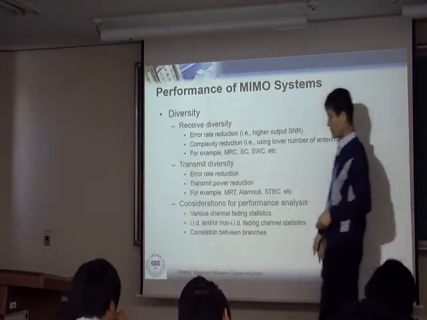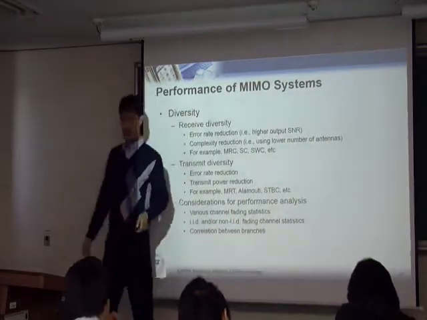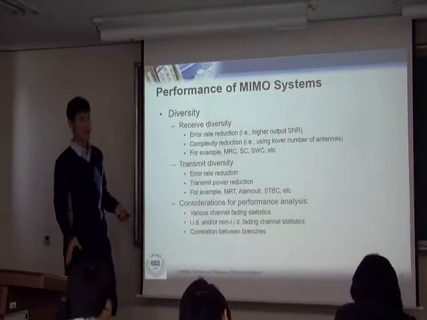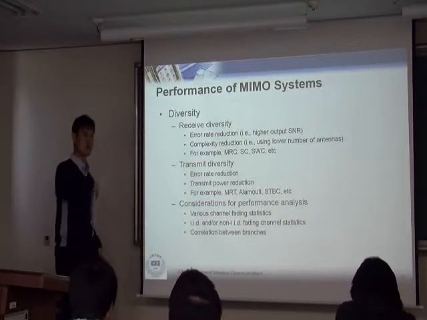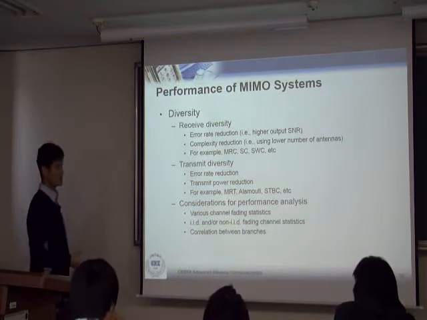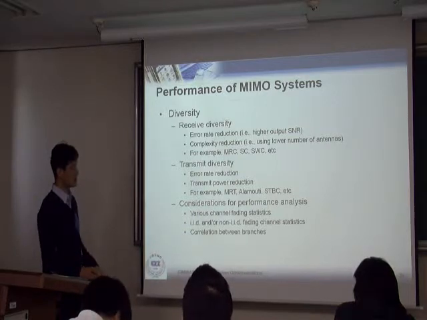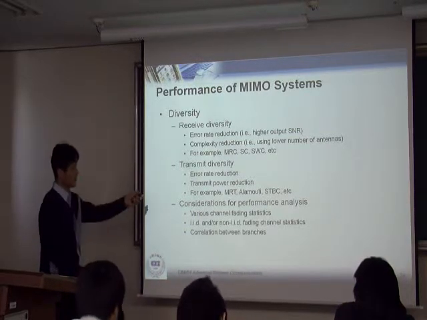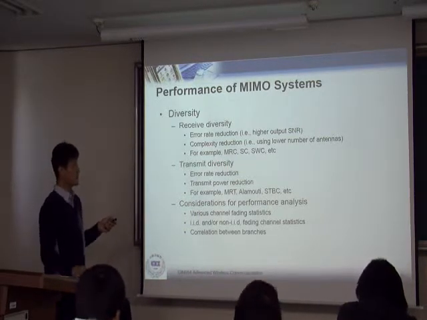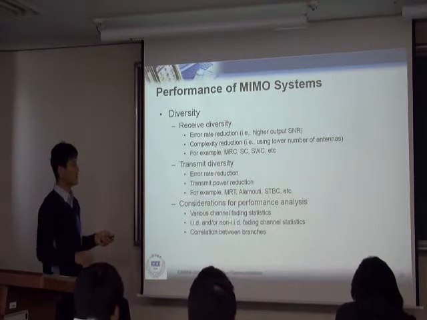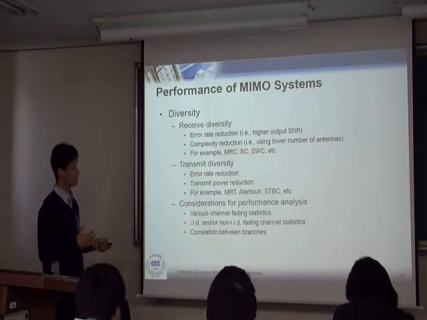Okay? But another reason is that when you have IID, analysis is much simpler because we assume the same statistics, so we can make a further analysis with a very simple technique. So IID is definitely the first thing that you try. Going back to my previous example, let's say I choose MRC, then I'll probably make an assumption of IID, okay?